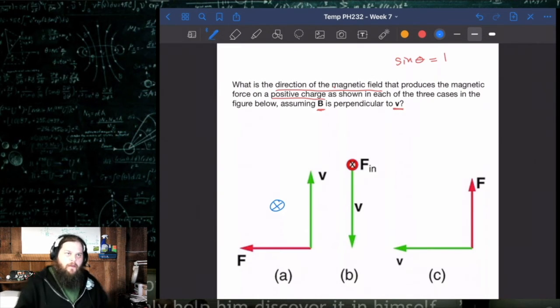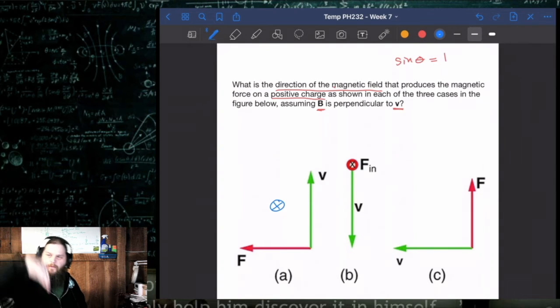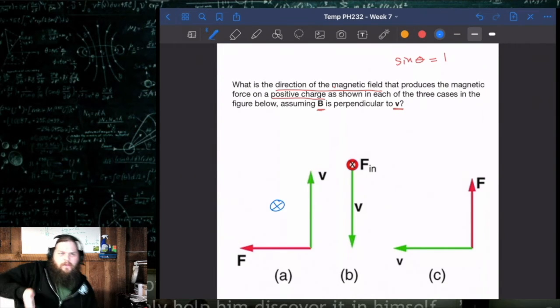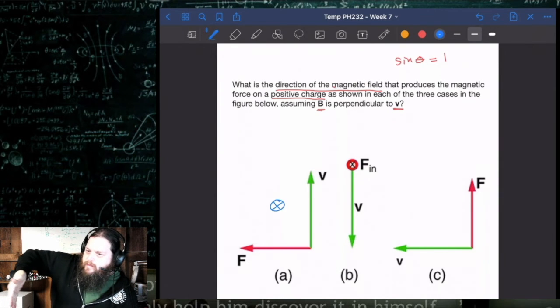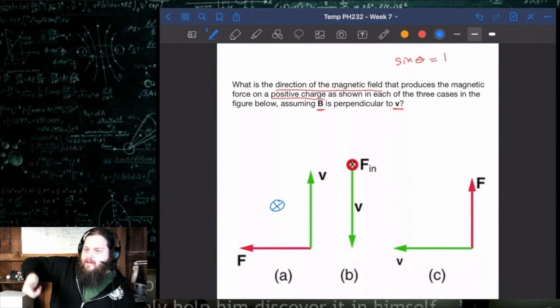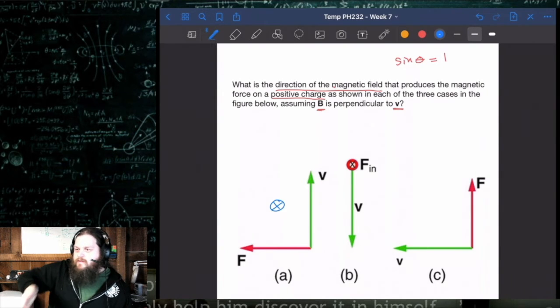Similarly, with this one, the force is going into the page, so I have to go this way and curl that way. And again, my camera's mirrored, so I'm really going to the left-hand side.